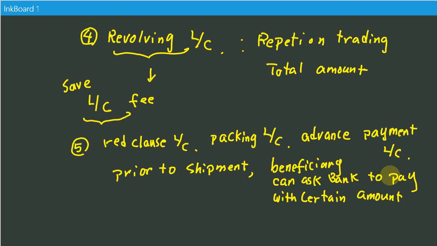This LC can be used by the beneficiary for their fiscal flexibility. I mean, once the beneficiary needs money to purchase material prior to shipment, before the completion of the shipment, he can ask the bank to pay a certain amount within a total amount, right?